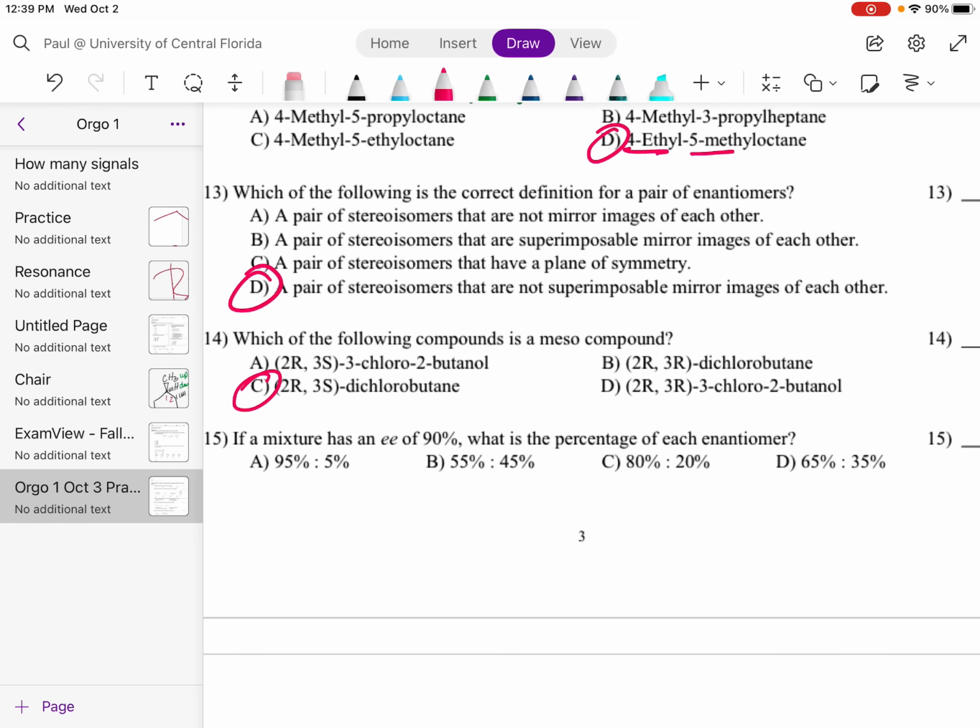So let's just draw that one, okay? So we have a dichlorobutane, a 2,3-dichlorobutane. So butane is 4 carbons: 1, 2, 3, 4. And then it says to put a chlorine at position 2 and a chlorine at position 3. Okay? But it told us R and S. So let's go to position 2.